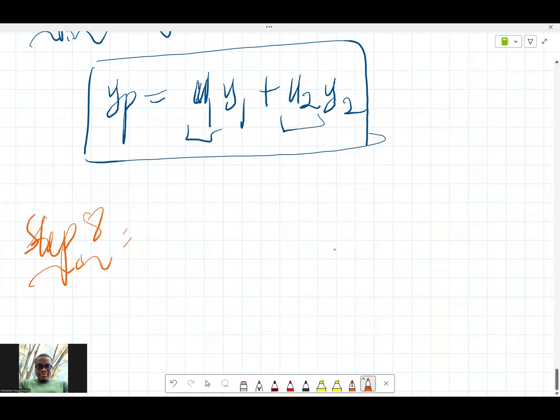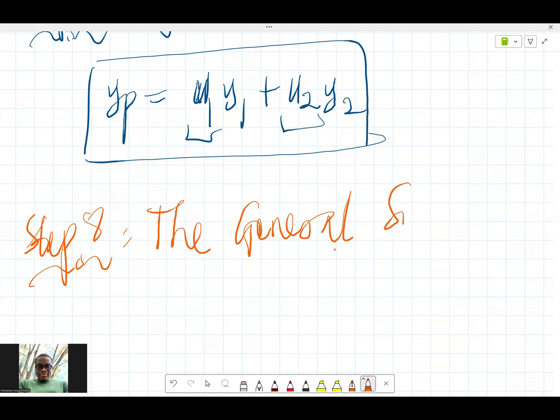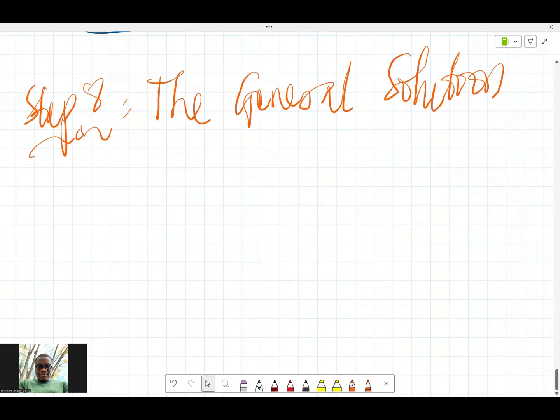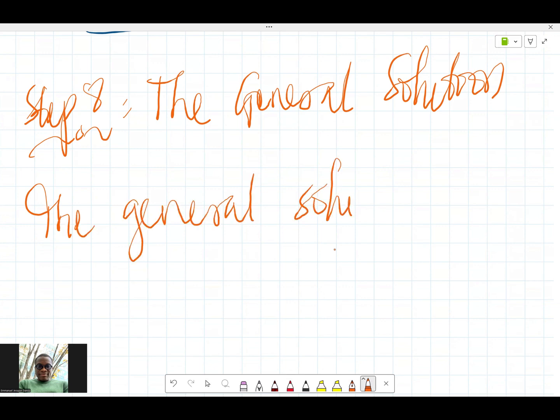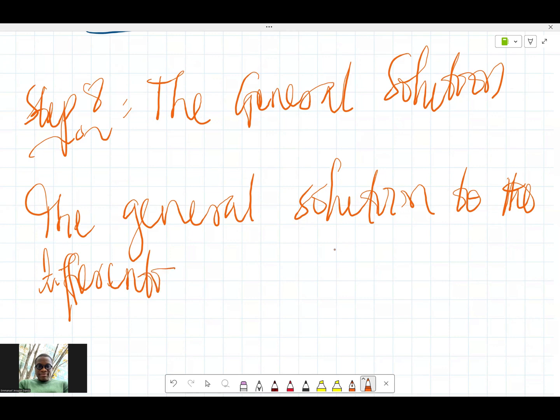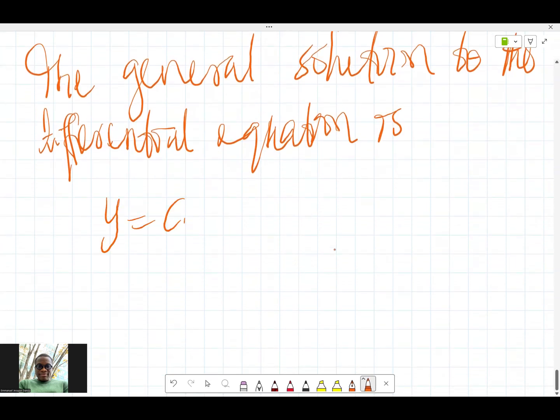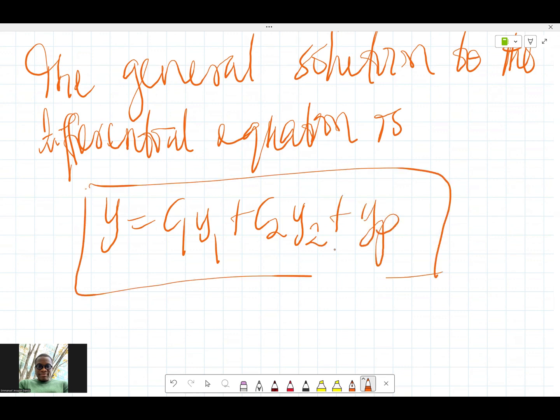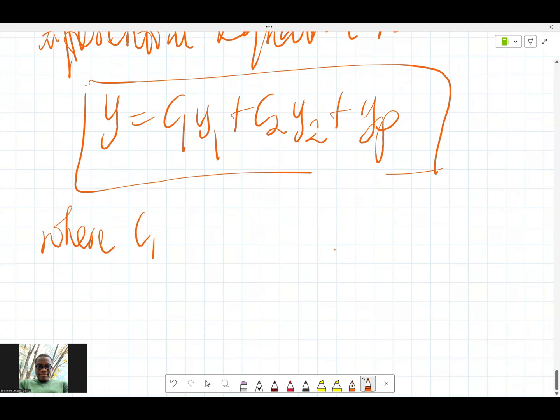Step 8, the general solution. The general solution to the differential equation is y equals c1 y1 plus c2 y2 plus whatever we get as yp from all that long process, where c1 and c2 are arbitrary constants.